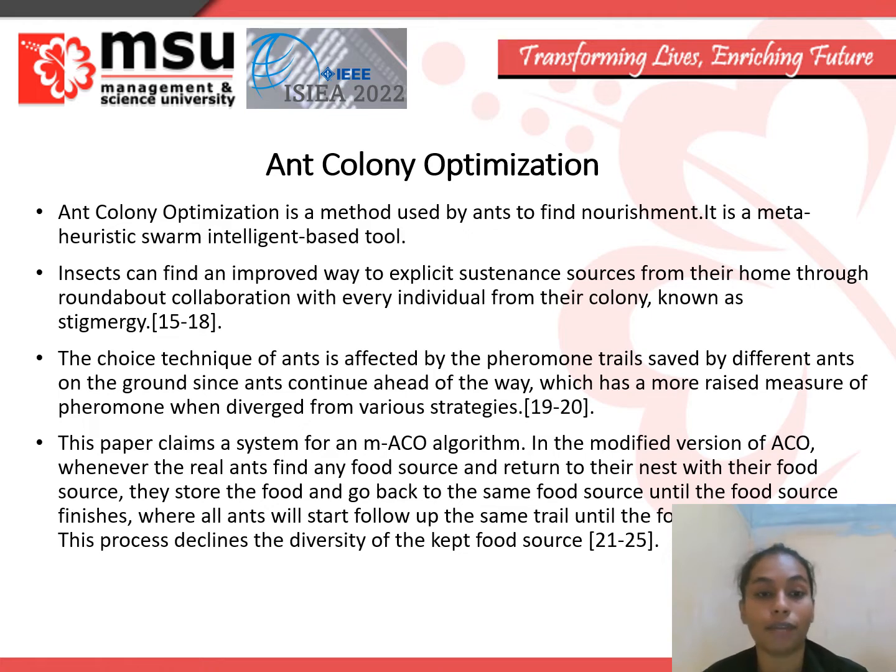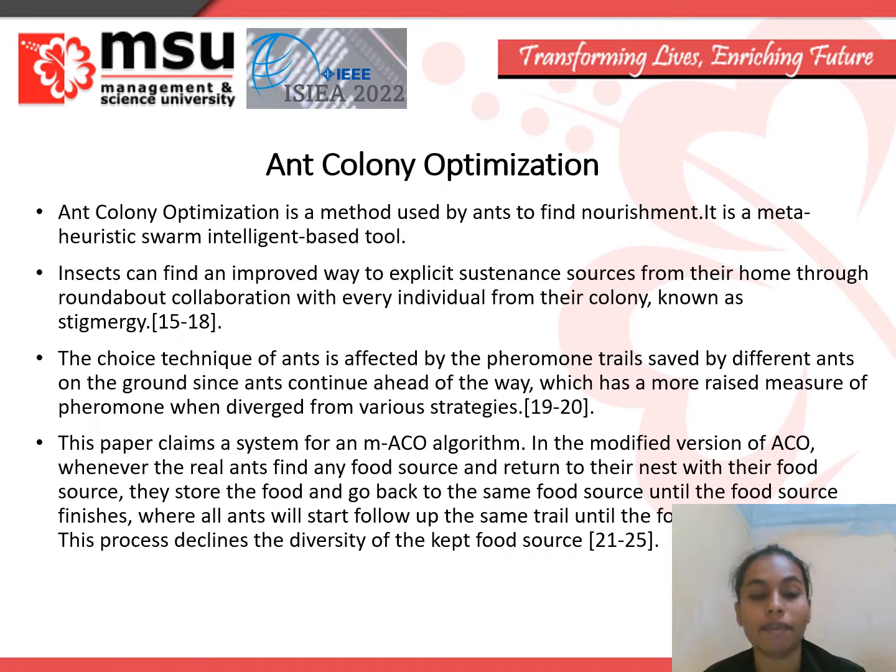The choice of path of ants is affected by the pheromone trails set by other ants on the ground, since ants continue along the path which has a higher amount of pheromone compared to other paths.